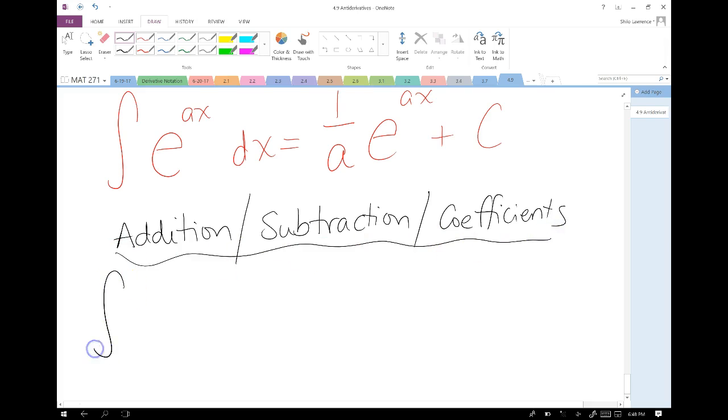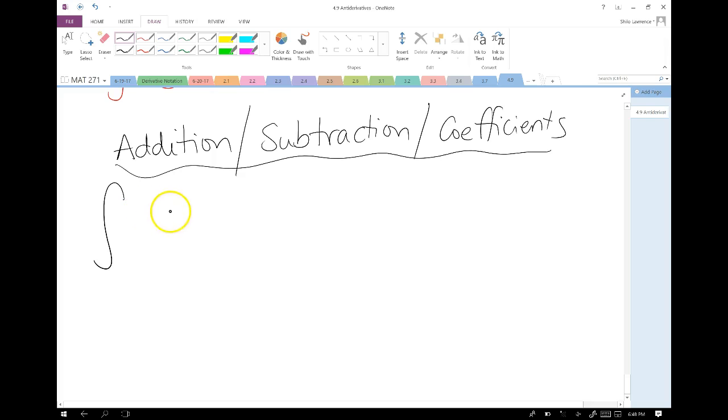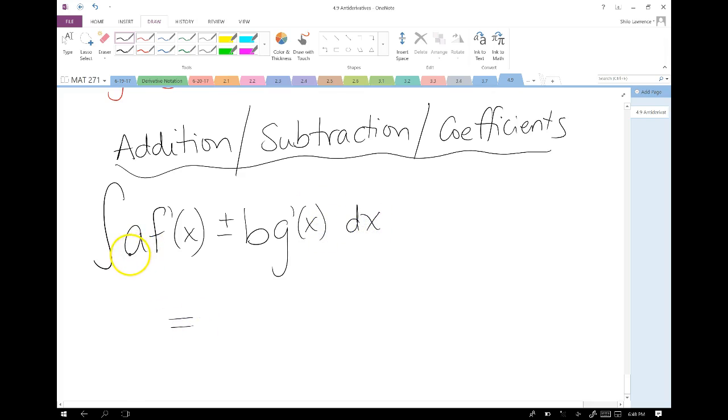The antiderivative for, let's say, a times f prime plus or minus b times g prime. So a is just a coefficient, b is just a coefficient, and we want to undo the derivatives on f and g.